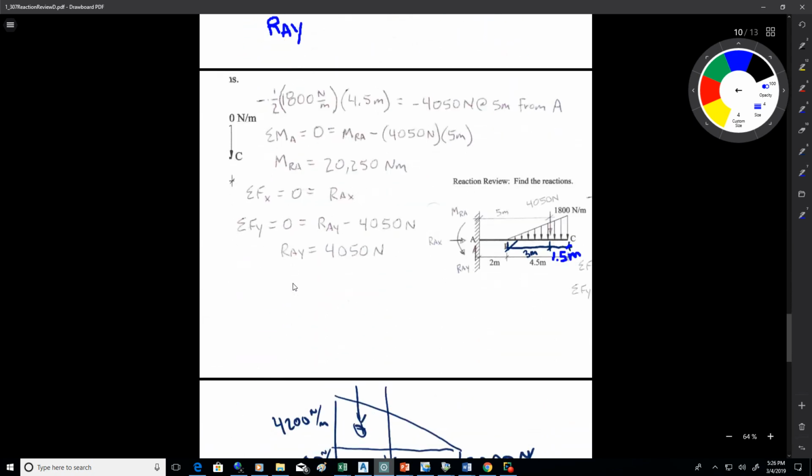All right, so here we go. So we've got 1,800 newtons per meter at the far end, times the base of 4.5 meters, and times 1/2 because it's a triangle. So that gets me 4,050 downward, 5 meters from A. Now to get the 5 meters there, what I'm doing is I'm taking 2 plus this distance here.